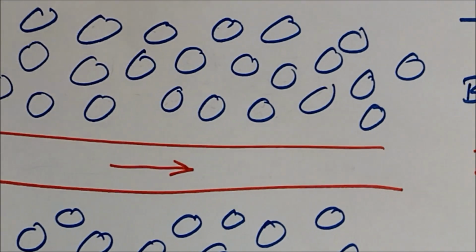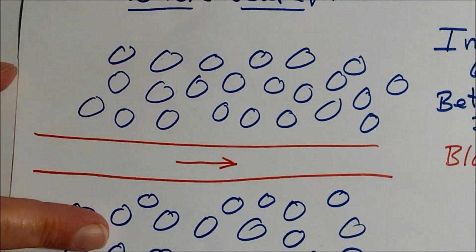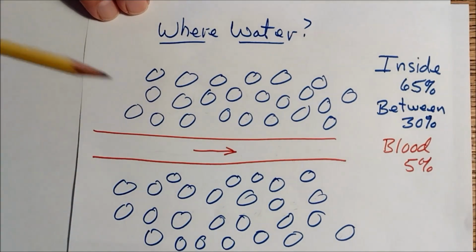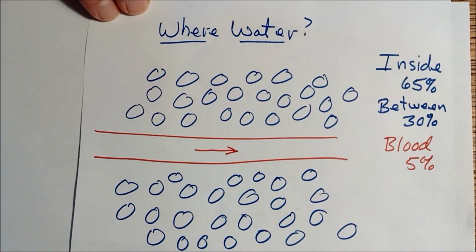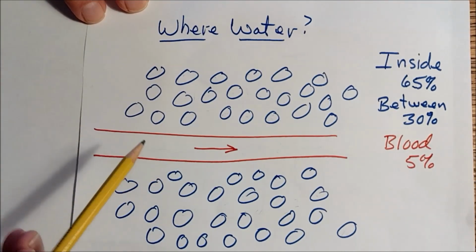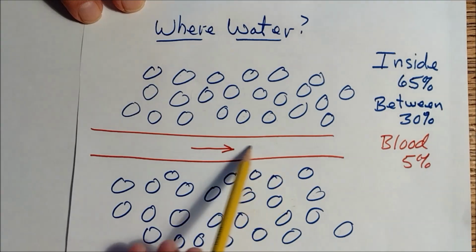I want to talk a little bit about the kidneys' control or regulation of blood pressure. And for that, we're going to return to this picture that we saw in Module 1, where we asked, where is the water in the body? Because the water is what makes the blood pressure. As you recall, we have a blood vessel here.